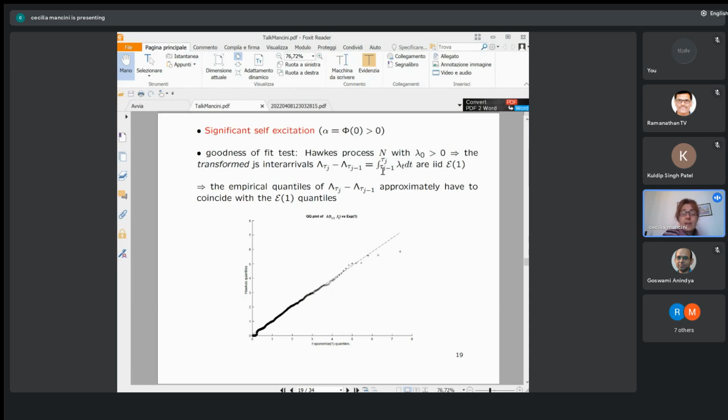The increments of the integral from tau j minus 1 to tau j, as j varies, have to be IID exponential random variables of parameter 1. So we plotted the empirical quantiles of these with respect to the quantiles of an exponential random variable, and we found this QQ plot.